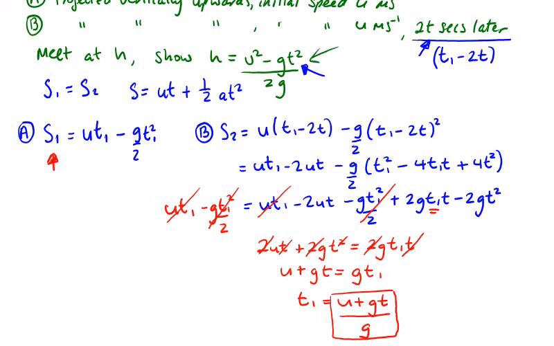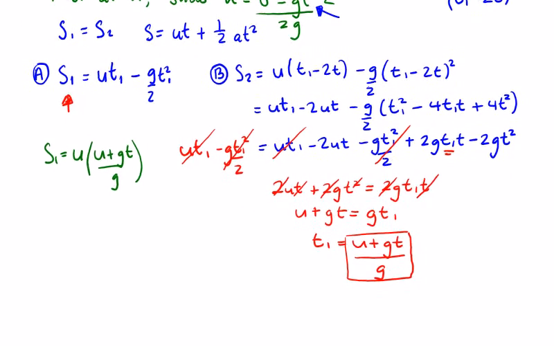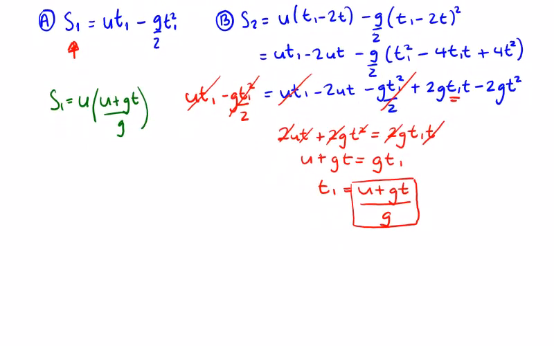So S1 is equal to u times u plus gt over g. Actually, I'm going to need more room than that. I'll come down and do it here.